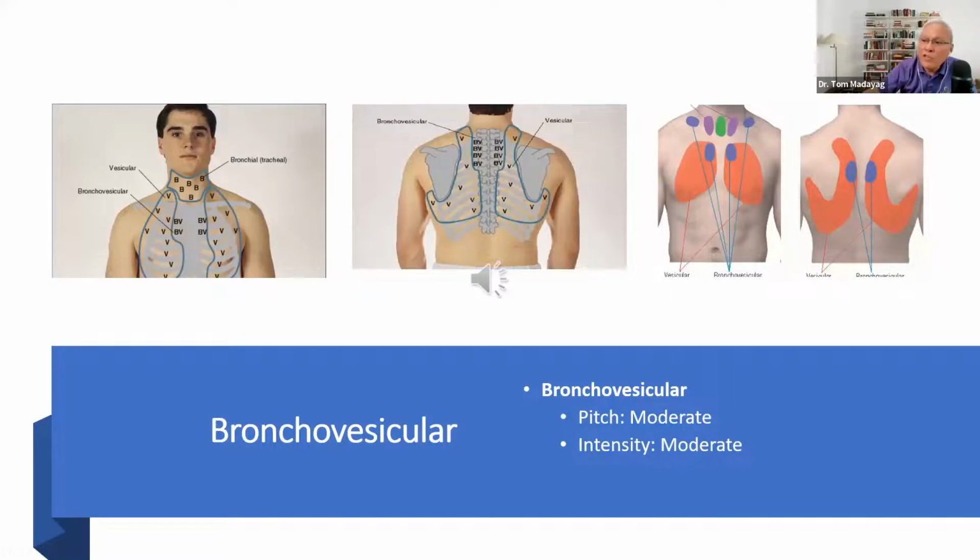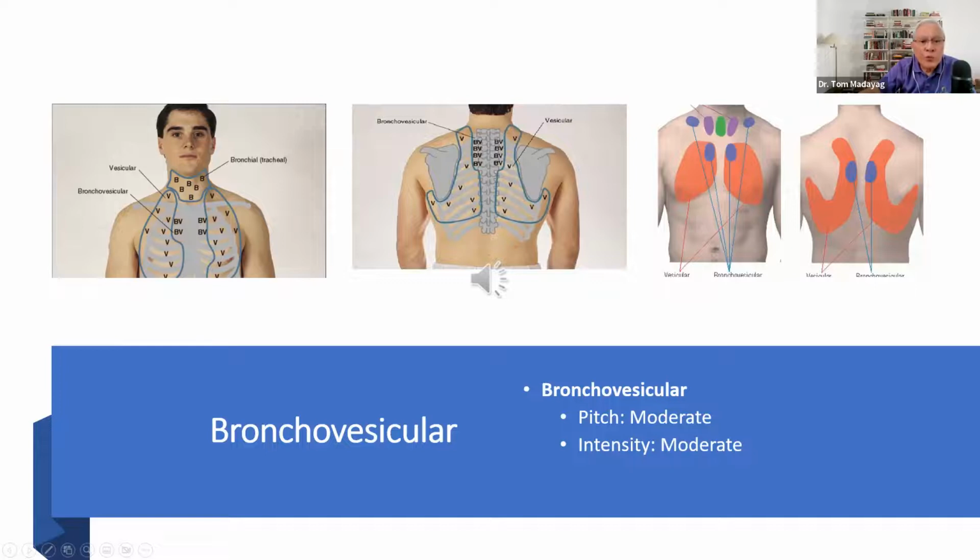So bronchovesicular breath sounds are going to be heard in areas wherein the anatomical structure combines both bronchial and vesicular components. As you could see in this particular slide, right over here is the proximity of the bronchial sounds and the vesicular breath sounds. So the combination will be known as bronchovesicular.